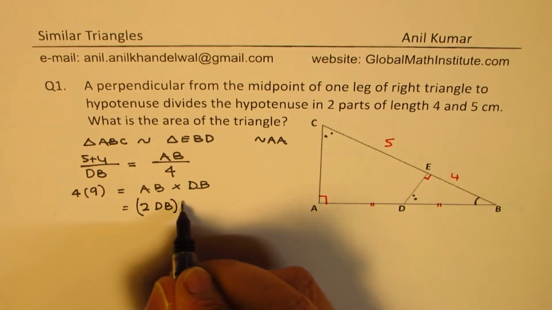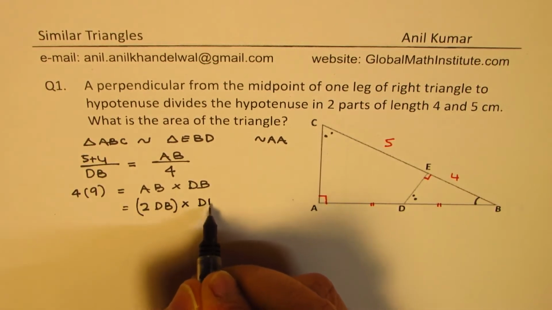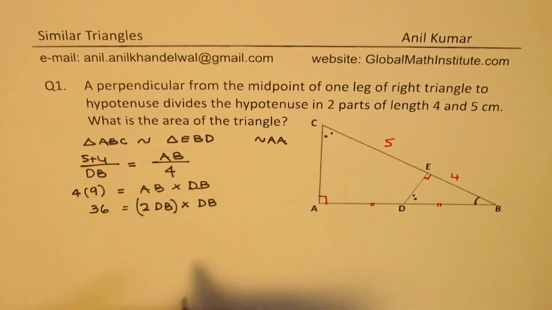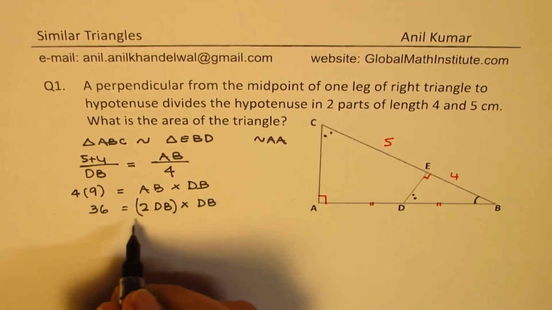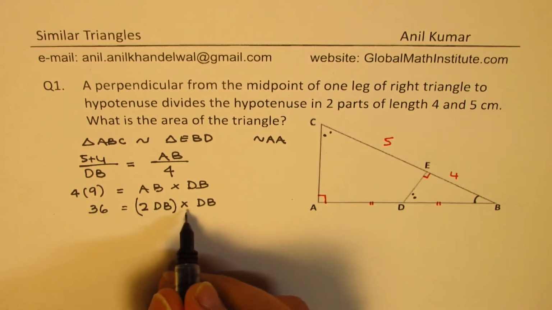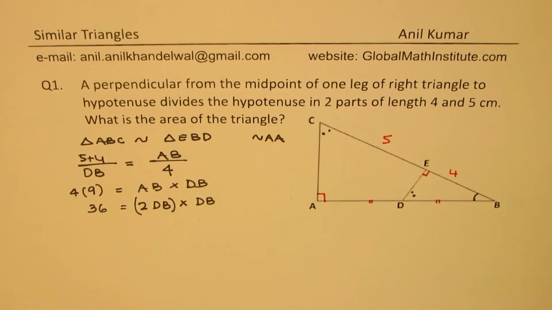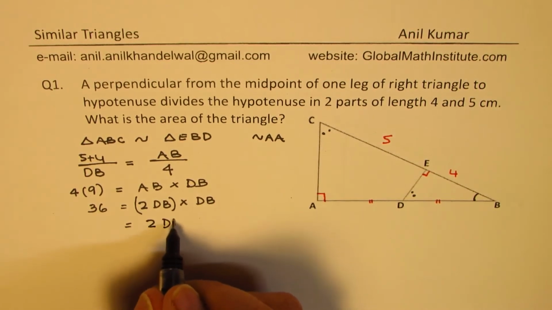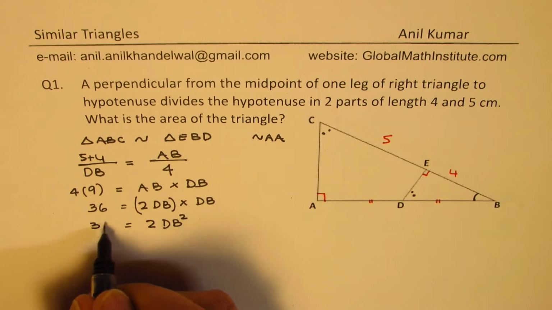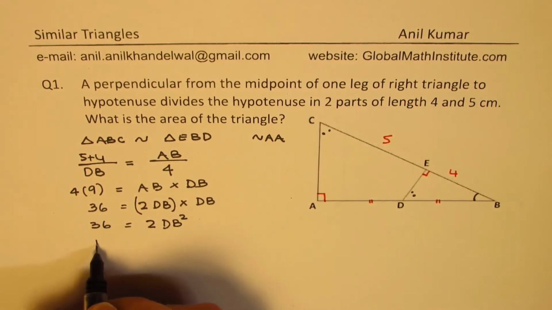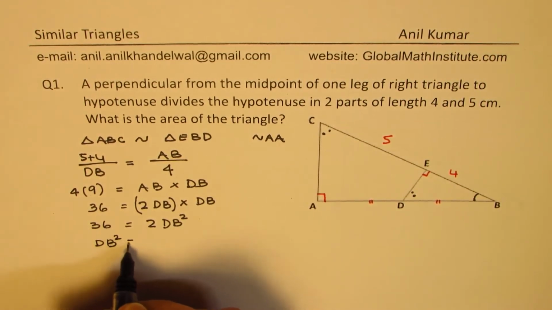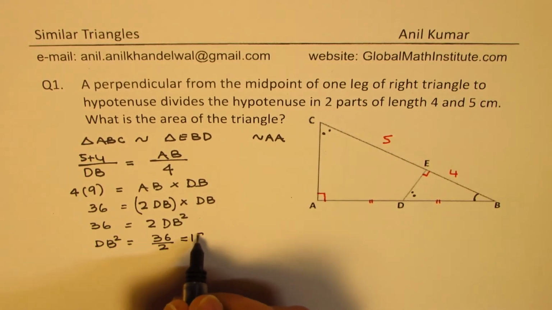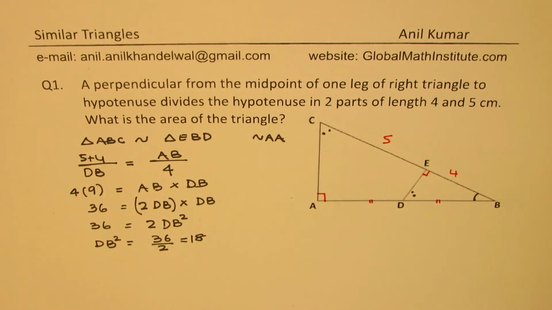So we have 2 times DB square equals 4 times 9, which is 36. Or you can say that DB square is 36 by 2, which is 18.